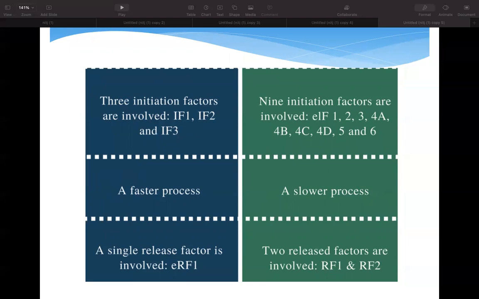In prokaryotic translation, there are three initiation factors involved in the initiation process: initiation factor 1, initiation factor 2, and initiation factor 3.